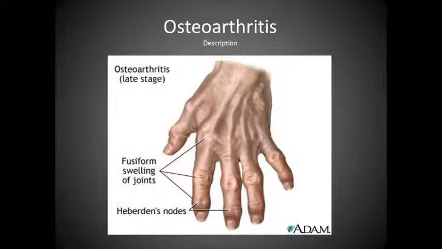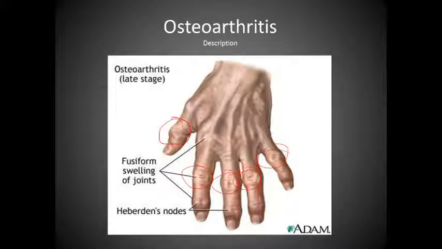Here we have an illustration of osteoarthritis, and notice that this is not in a weight-bearing portion of the body. So we know that in the hands it's more common for rheumatoid arthritis, but we do see that the interphalangeal joints have become very inflamed, and as we can see, they look enlarged.